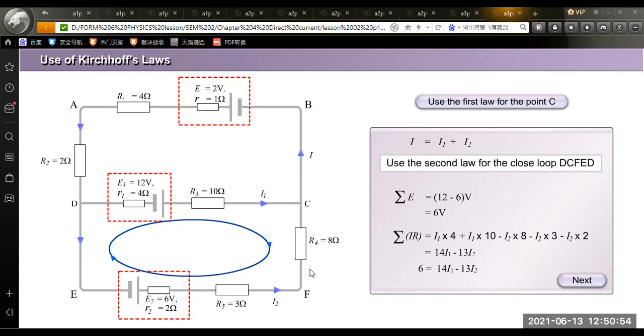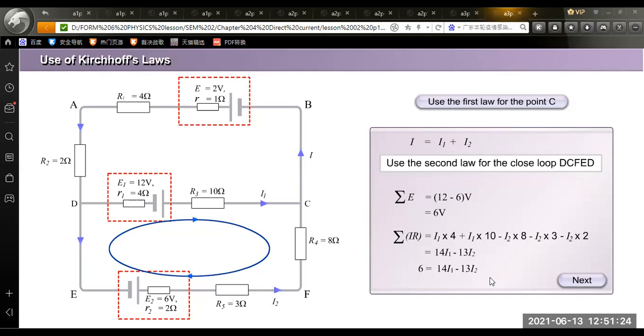After that, this one is negative: minus I2 times 8, because of the negative direction. And again minus 3 I2, minus 2 I2. No more resistors. So we solve, it will be 6 equal to 14 I1 minus 13 I2.